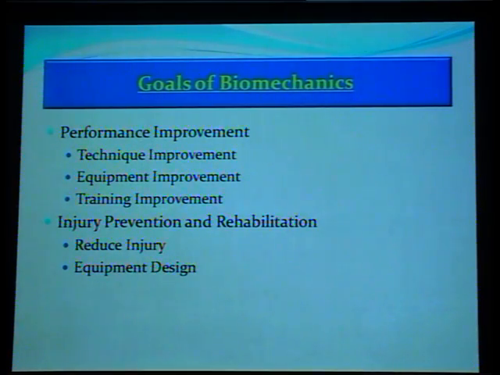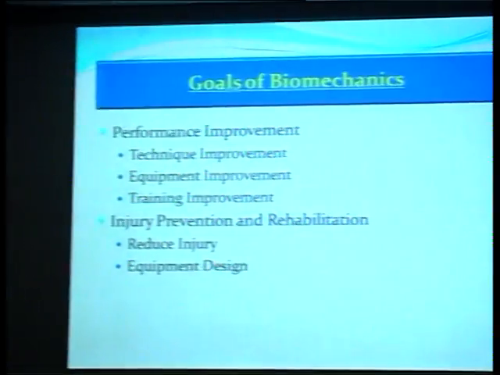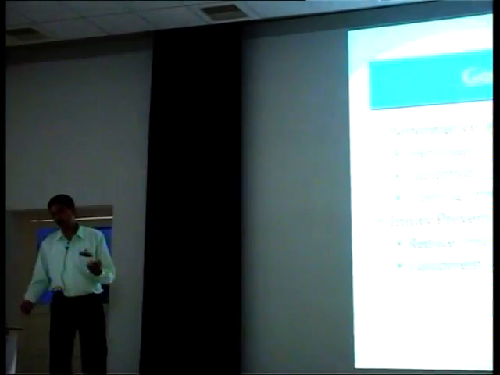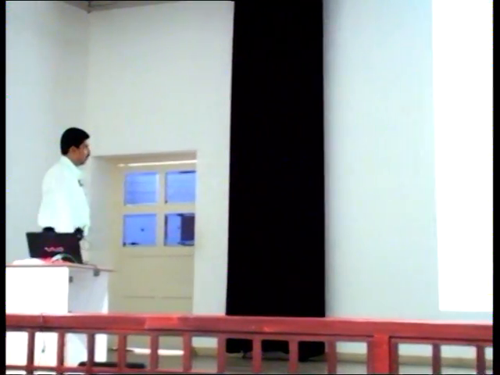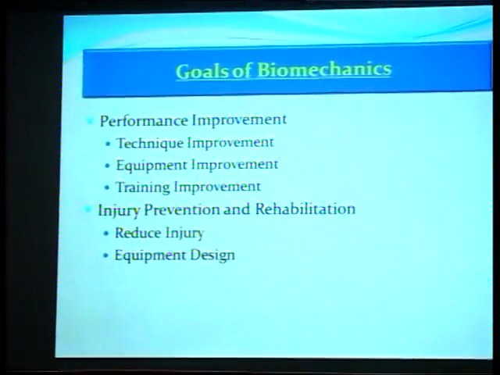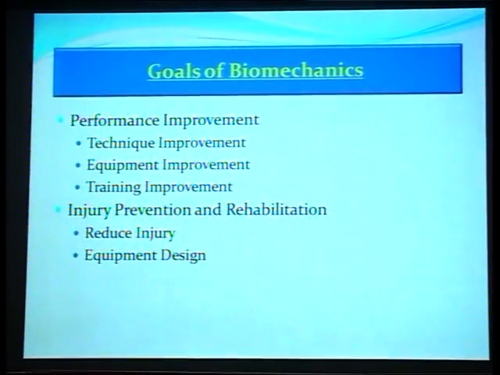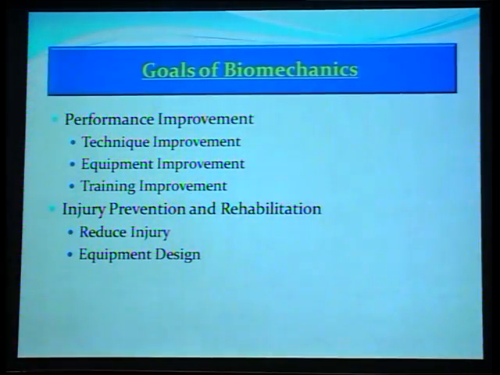Training, when you are looking at somebody being trained. Injury prevention: you're looking at whether somebody is not doing the right kind of bowling action, or is not serving properly, or is not running properly. You're trying to tell him or correct his methods of doing all this. And of course, you're also looking at equipment design sometimes, how to have the equipment properly designed.